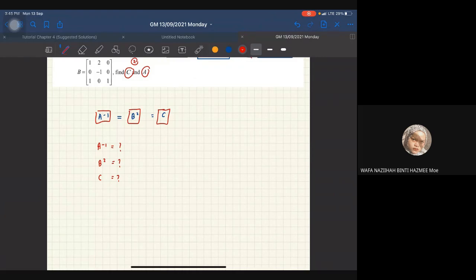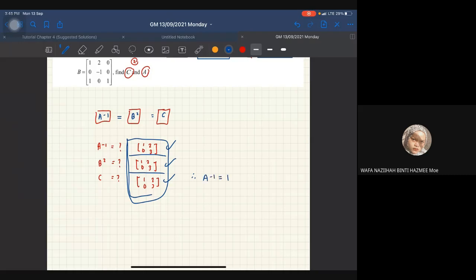Bila awak dah dapat nilai, contohnya A inverse awak dapat 1, 0, 2, 3, and then B square awak dapat 1, 0, 2, 3 juga. Ni contoh je okay. And then C awak dapat 1, 0, 2, 3 juga. Ketiga-tiga ni adalah benda yang sama. Barulah awak boleh conclude A inverse is equals to B square equals to C.